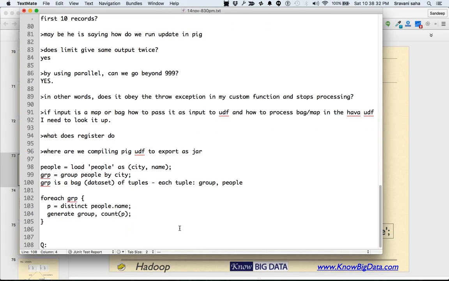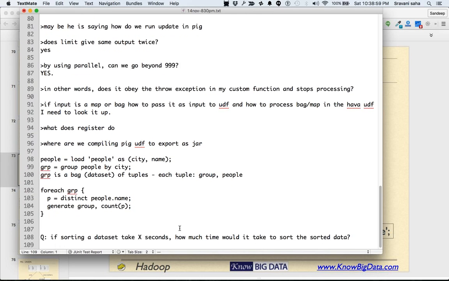Okay, so a quick question to all of you. The question is related to general computing. If sorting a data set takes x seconds, how much time would it take to sort the sorted data?